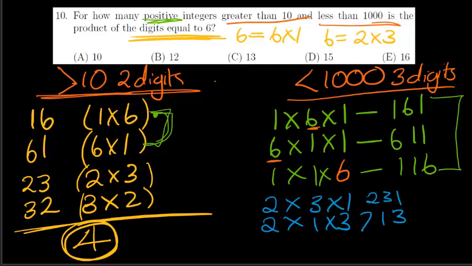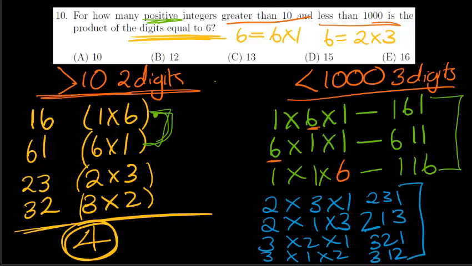Alternatively, I can put the 3 in the front, so I can say 3 times 2 times 1 and 3 times 1 times 2. So 3 times 2 times 1 gives me 321 and 312. Over here, I've got 4 numbers that are all similar. Is that our only option? No, I think not. We still have some more that we could do.